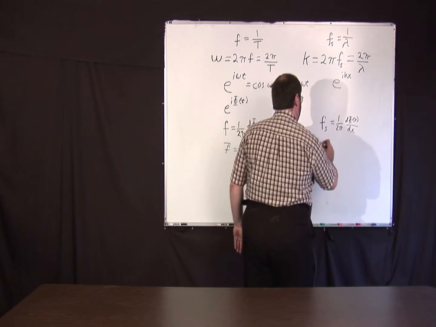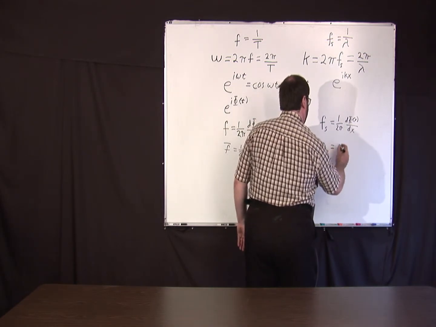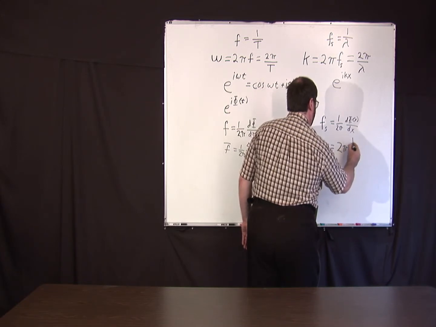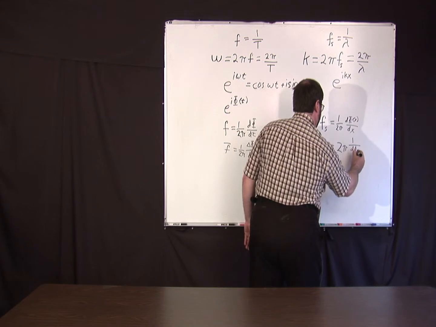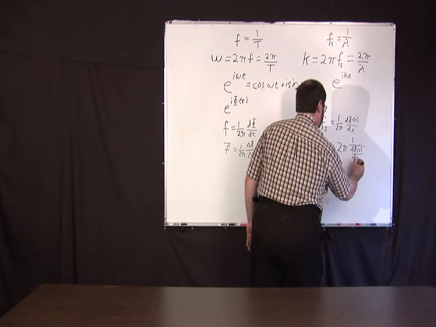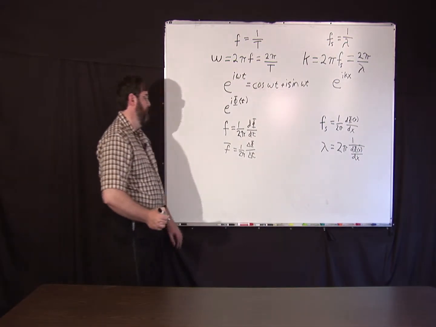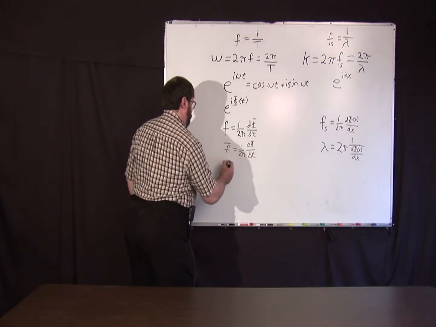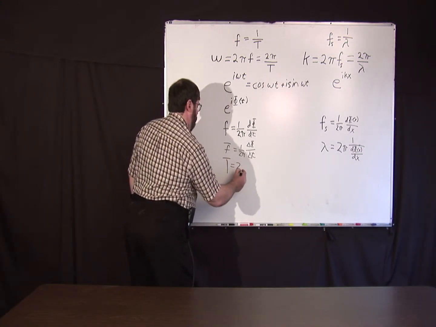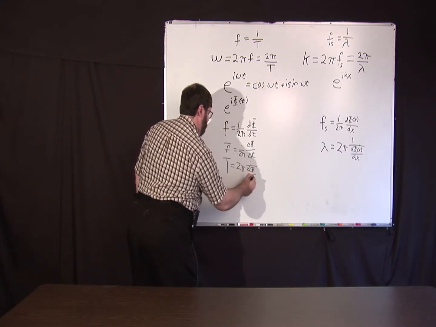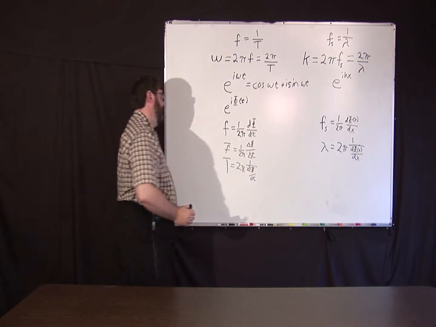So the wavelength is going to equal 2 pi times 1 over d phi dx, the instantaneous wavelength. Okay, just like you could talk about the instantaneous period being 2 pi times 1 over d phi dt.